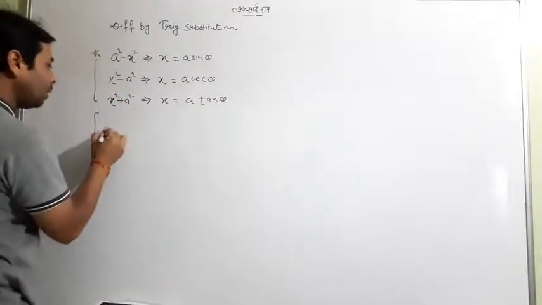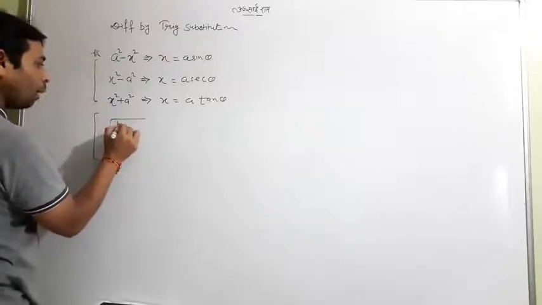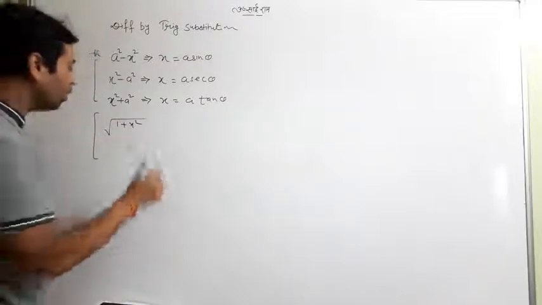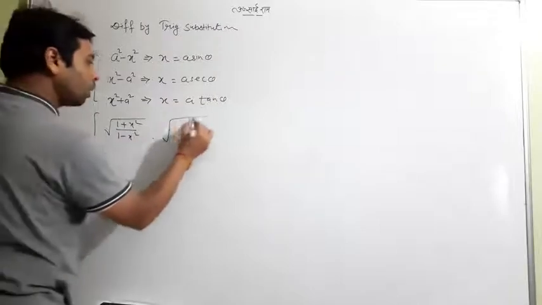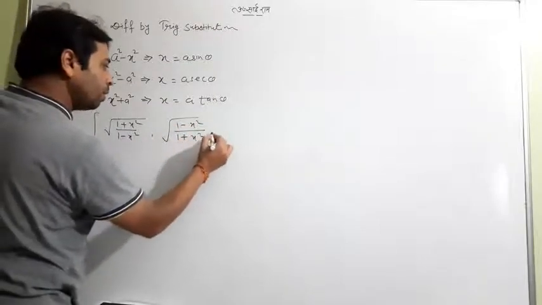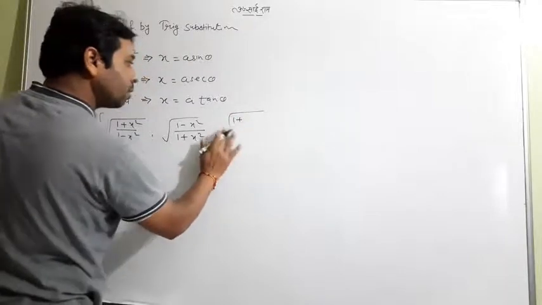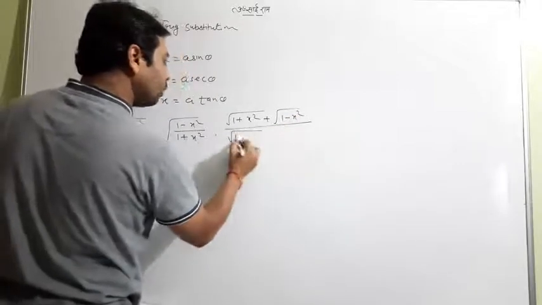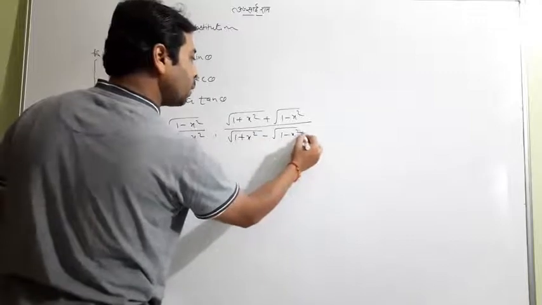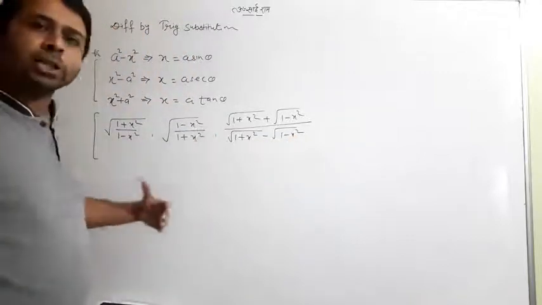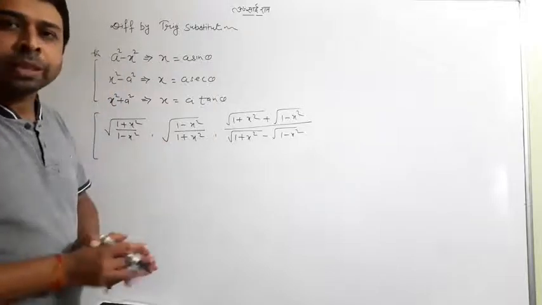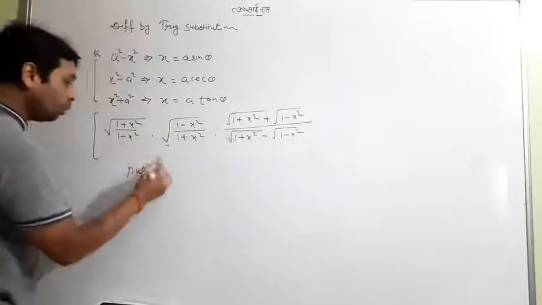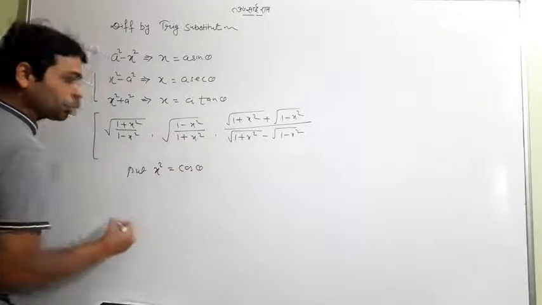Look at the thing: when terms like 1 plus x square upon 1 minus x square, or 1 minus x square upon 1 plus x square, or the square root of 1 plus x square plus 1 minus x square upon 1 plus x square minus 1 minus x square, or this kind of thing, when 1 plus x square and 1 minus x square come both together, then in that case only, under the root sign, you will put x square equal to cos theta.